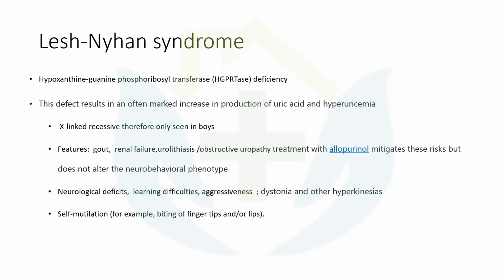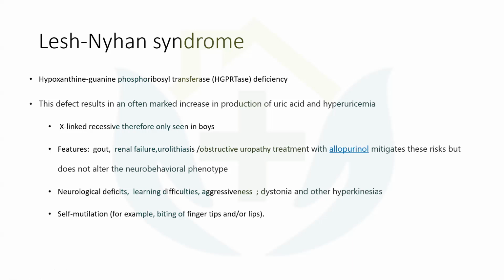The treatment is allopurinol, which has to be given on a long-term basis. There will be some neurobehavioral issues also, and sometimes self-mutilation, like tongue biting, finger biting, lip biting.